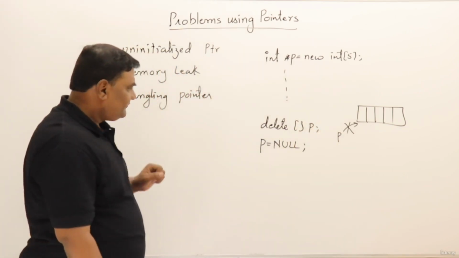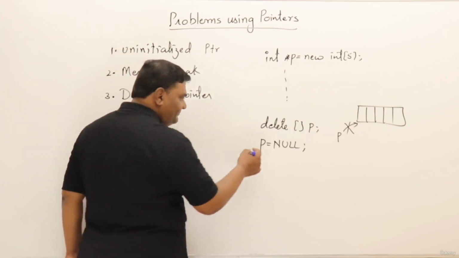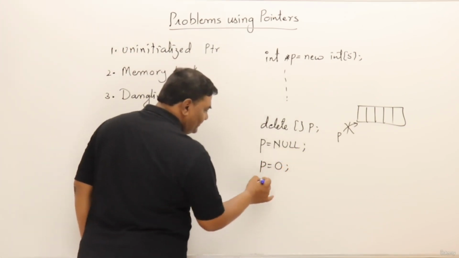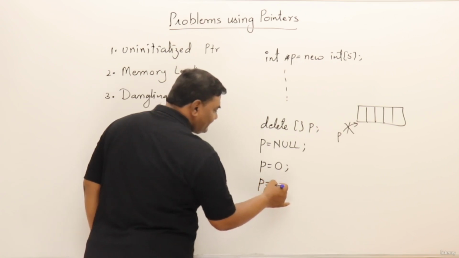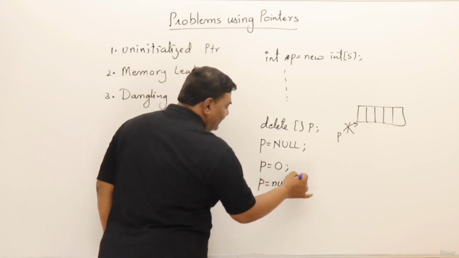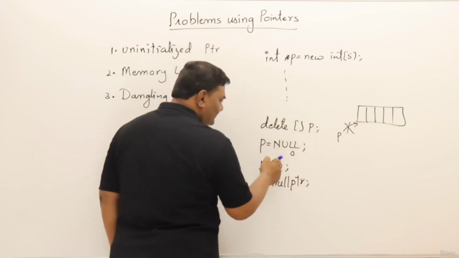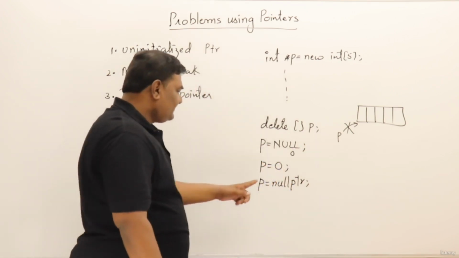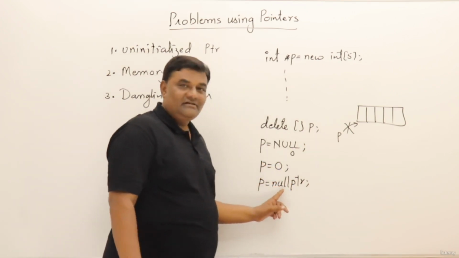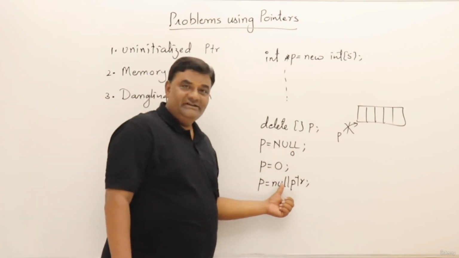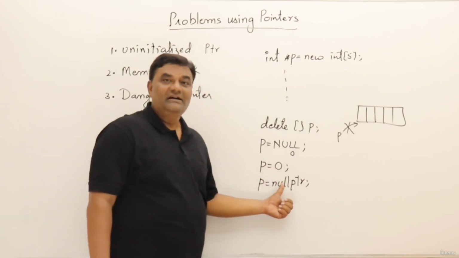Now one more thing I have to tell you: you can write p assign null, or you can write p assign 0, or you can write p assign nullptr. This means 0 only, but nullptr is a built-in literal in C++, like a keyword, a reserved word. It is also 0, but it is not an integer value, it's an address value.